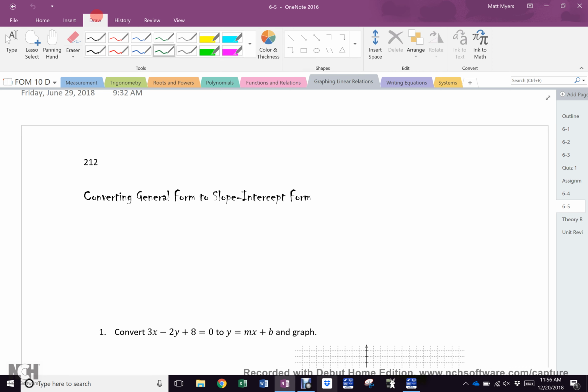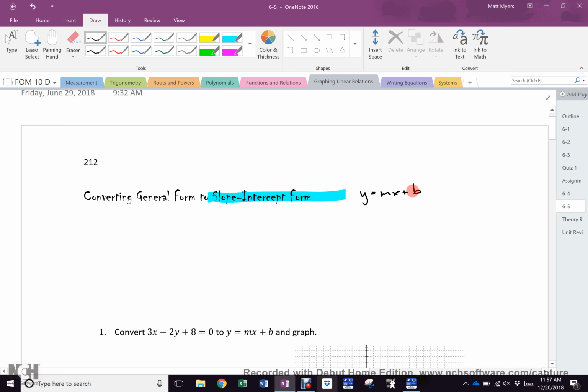So, all of you know what slope intercept form means. What does it mean? It's y equals mx plus b. And you know some stuff about that.